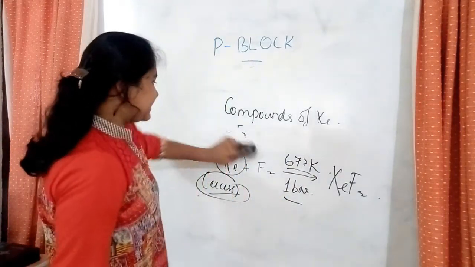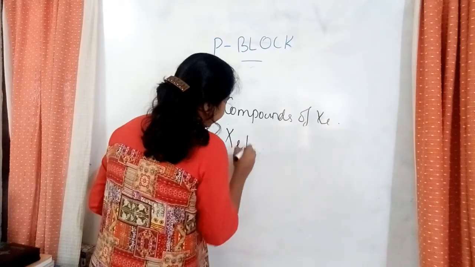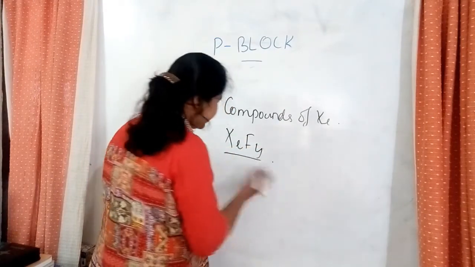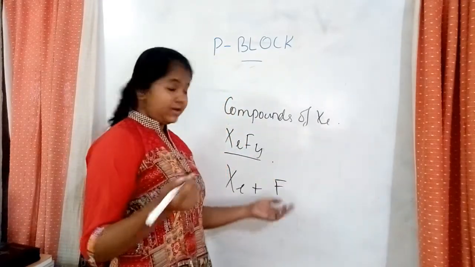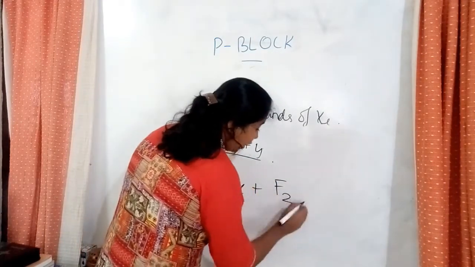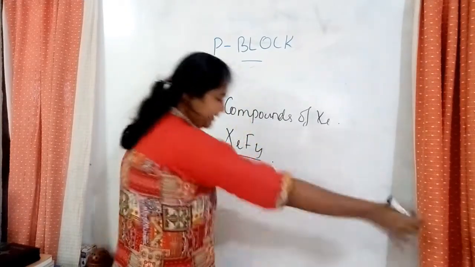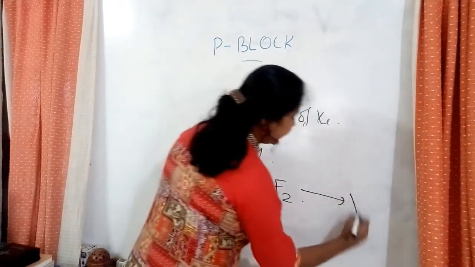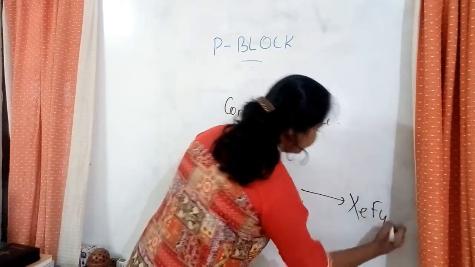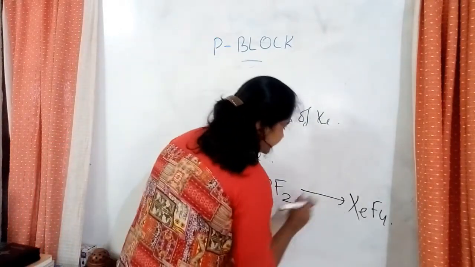Now let's write the second compound, XeF4. That is the same, Xe plus F2. How many F2 should we take? We need 4 fluorines, so we will put 2 F2 and make it 4. We write XeF4 on the other side. What is the condition to form this?